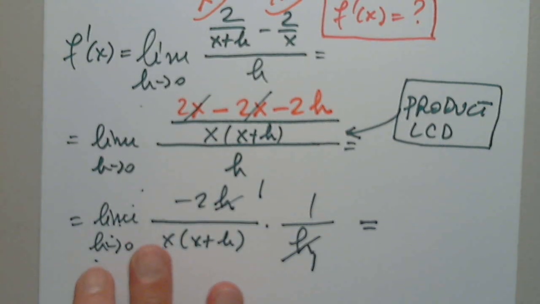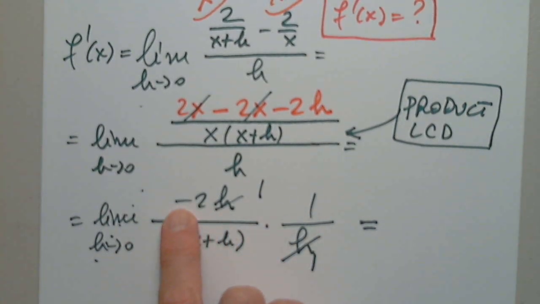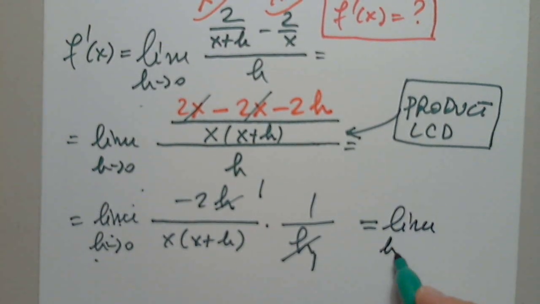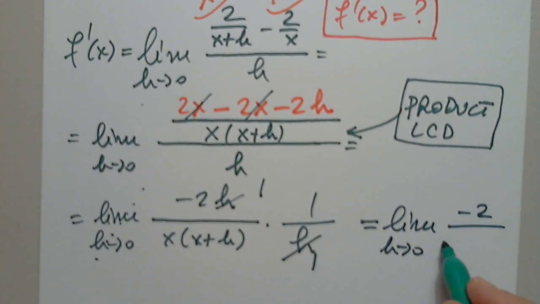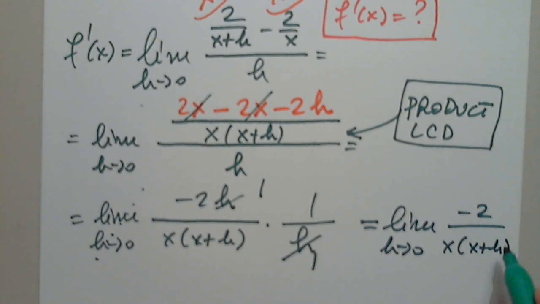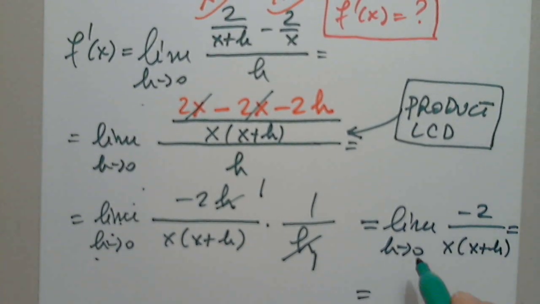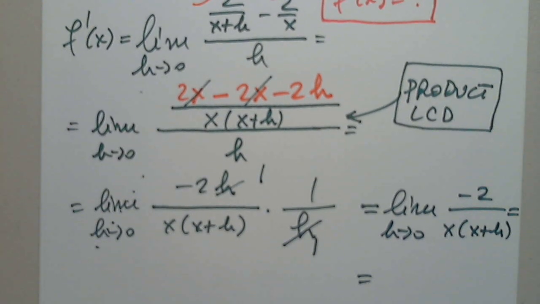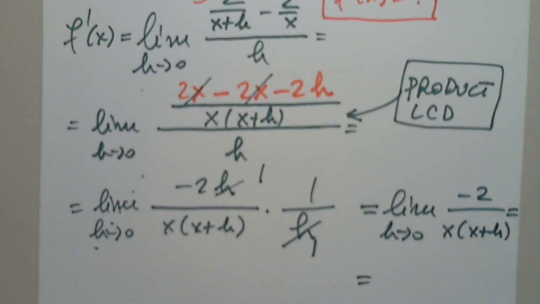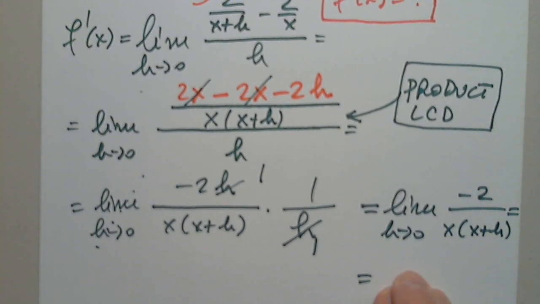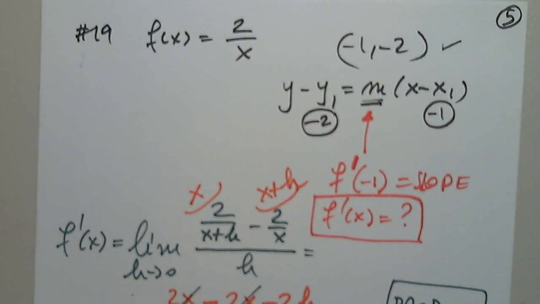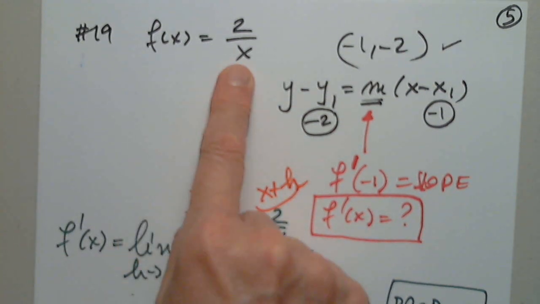When h approaches 0, I have negative 2. Let me write it one more time. Can anyone apply the limit operator and tell us what to write? And this will be the function, the derivative of this one.